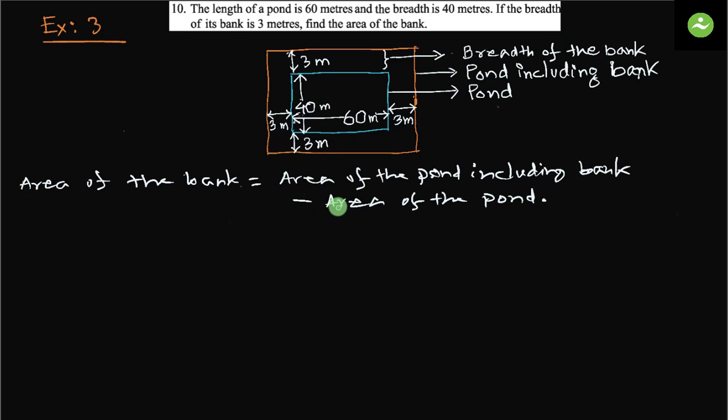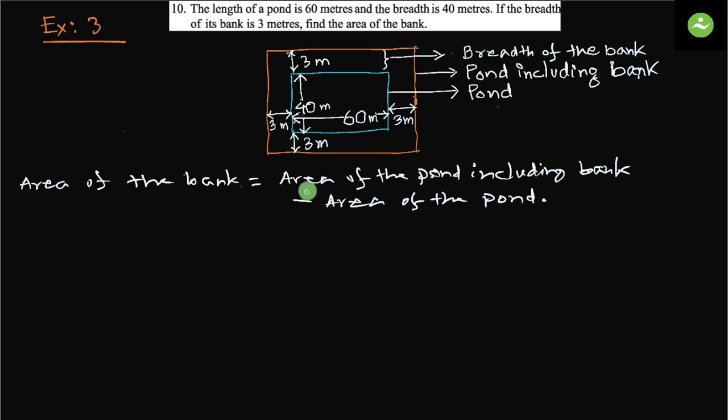So if we deduct or subtract the area of the pond from area of the pond including bank, means if we subtract the area of the blue rectangular from the red rectangular, we get the area of the bank.